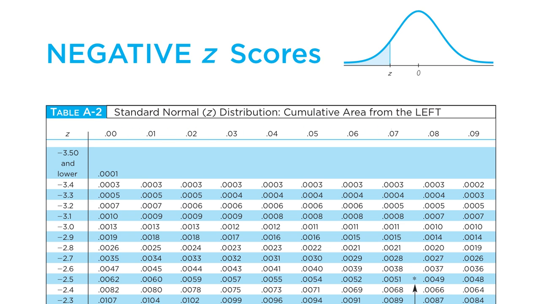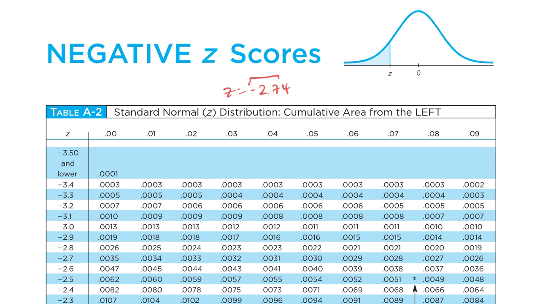So for example, a z-score of negative 2.74 would be found like this. First we go to the first column and find negative 2.7 only, because in the first column we only have one decimal place, but negative 2.74 has two decimal places.